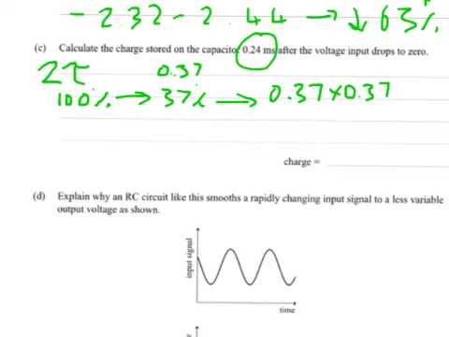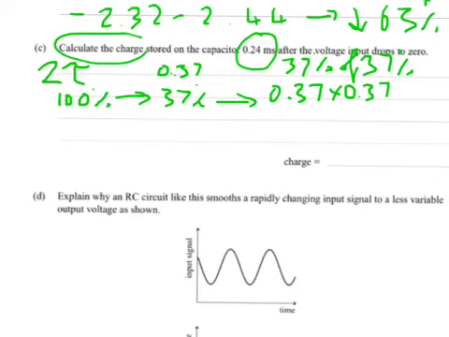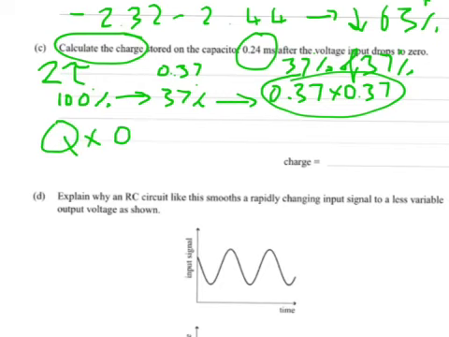That will give us the actual decimal value, which is 37% of 37%. If you like, you can follow that. So you have to calculate the charge first, stored on the capacitor fully, and then multiply it by 0.37 twice. So Q times 0.37 times 0.37.